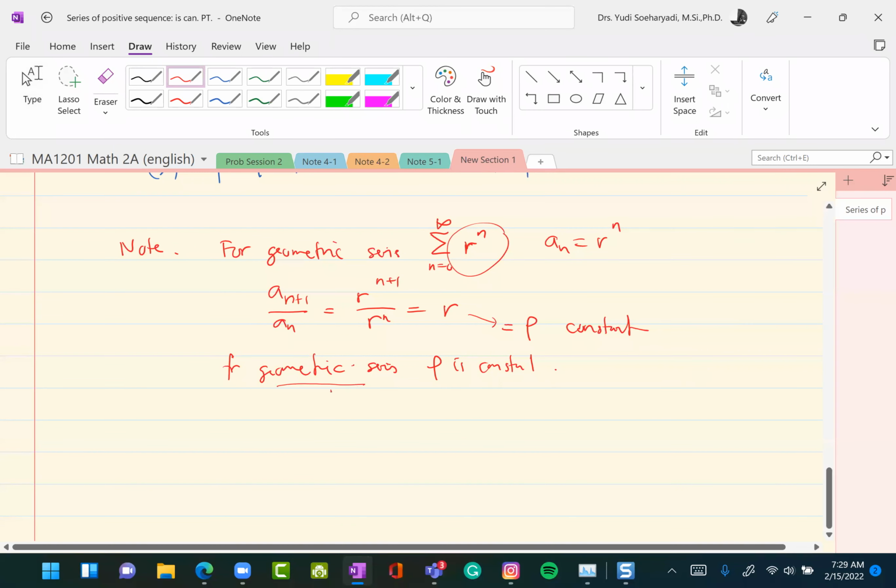For a geometric series, you know that it converges if rho, which is R, is less than 1, and is divergent for rho bigger than 1.